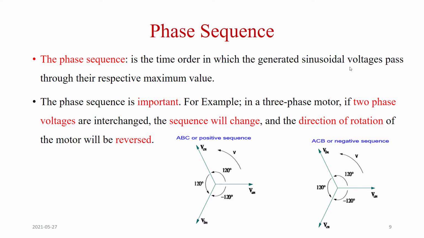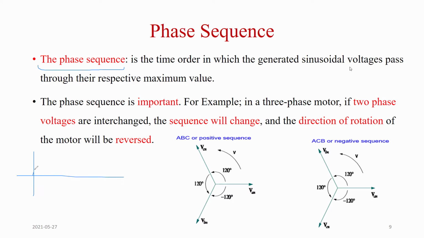At the end of the lecture, we're going to see what we want to learn. There are a few things that you will learn later in other courses. We said that depending on the rotation of the magnetic field and the positions of the 3 coils, we are going to have 2 sequences. We call them phase sequences because of phase A, phase B, phase C. Those phases, in which way?